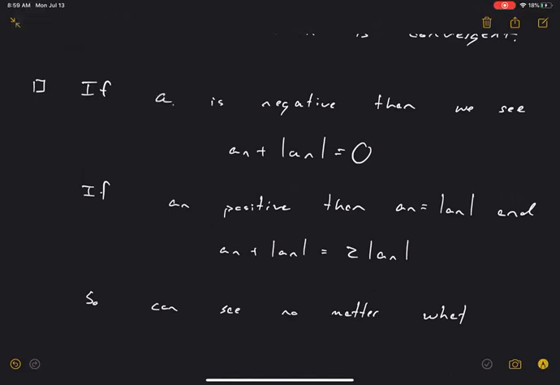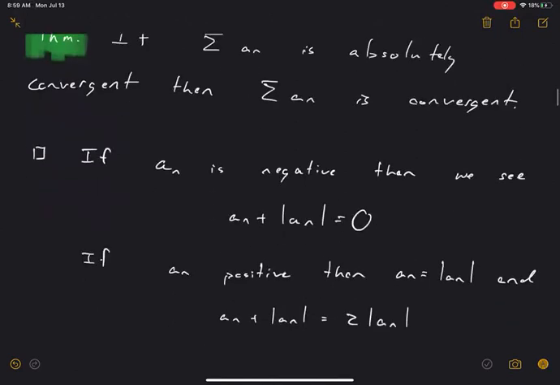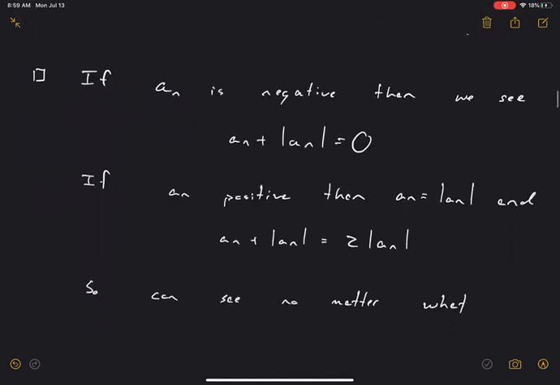So let's prove it. Let's just consider the terms for a second, and let's assume this term a sub n is negative. Then a sub n plus its absolute value would equal 0, right? So let's say if a sub n equals -2, then a sub n plus the absolute value of a sub n would be -2 plus 2, that would equal 0.